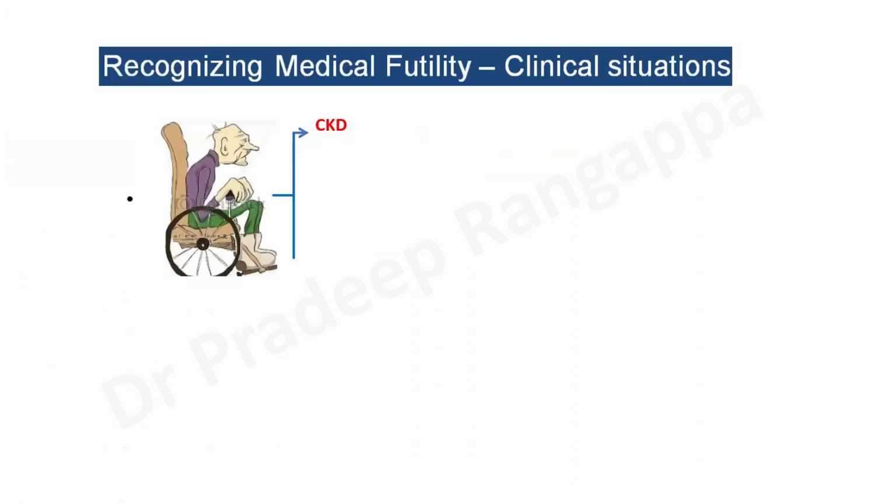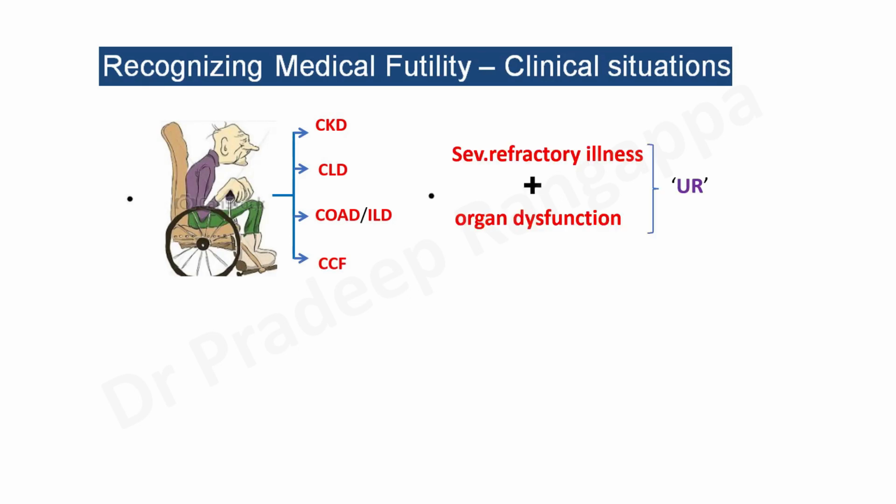Some of the common conditions in the ICU where medical futility is established: any organ failure. Any elderly individual who is frail, having an end stage disease of any nature like CKD, chronic liver disease, end stage COPD who's on home oxygen, or interstitial lung disease on home oxygen, or advanced heart failure, and a deconditioned patient who is wheelchair bound with limited mobility, or severe refractory illness with multi-organ dysfunction not responding to all organ support or other therapeutic modalities, and hypoxic ischemic encephalopathy.